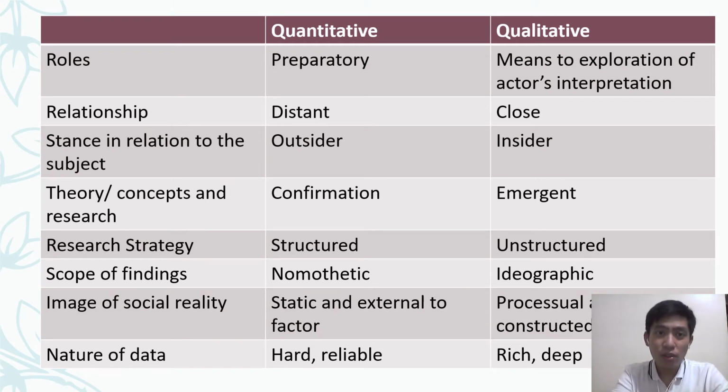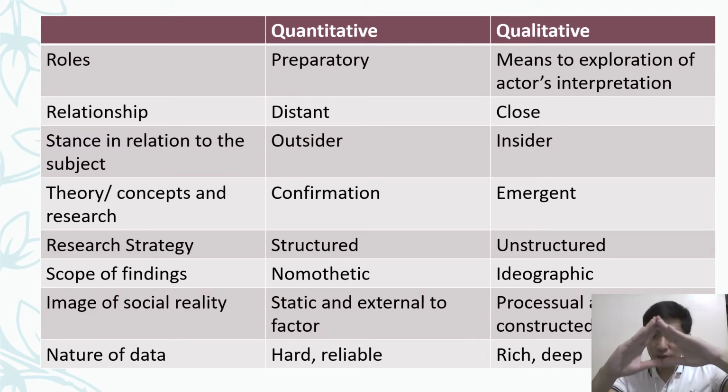As to role, quantitative is preparatory and qualitative means exploration of actors' interpretation. So in quantitative, as a researcher, you should prepare your questionnaire and disseminate it to your participants. However, in qualitative research, you should be observant. In qualitative research, there's a technique of triangulation.